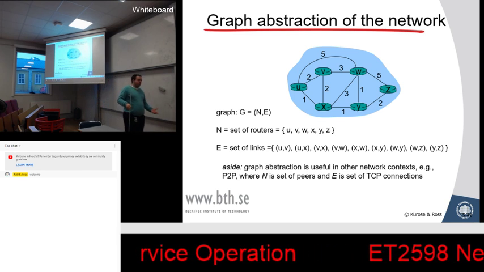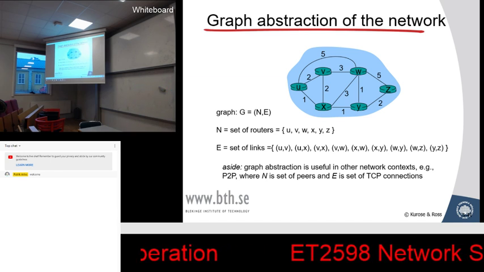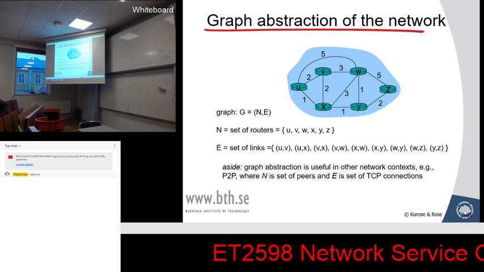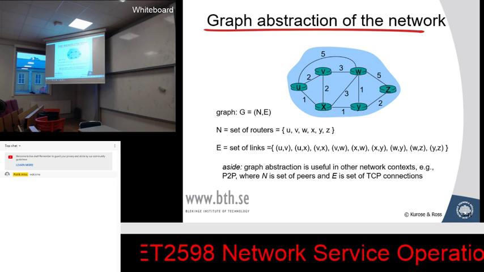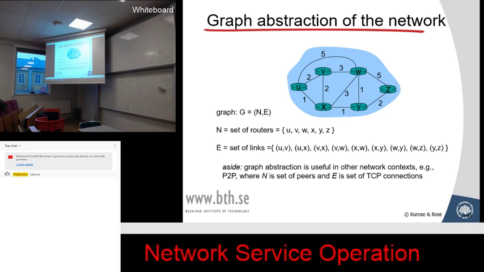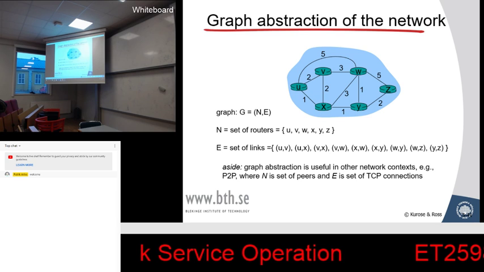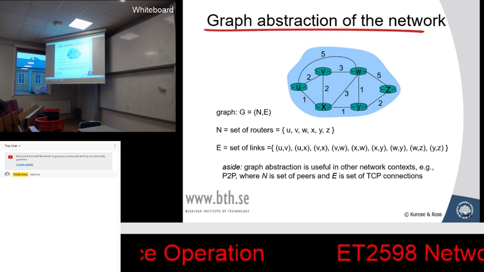And depending on what routing protocol you use, they work with different aims. You can optimize for delay, latency, redundancy, and changes. But graphs are usually a way of abstracting networks or descriptions of networks.